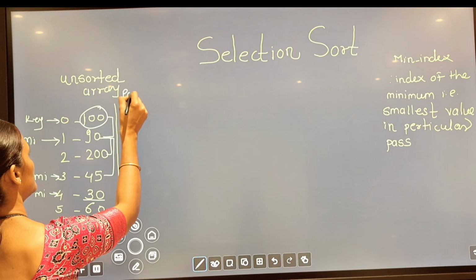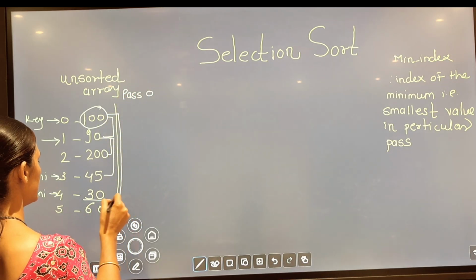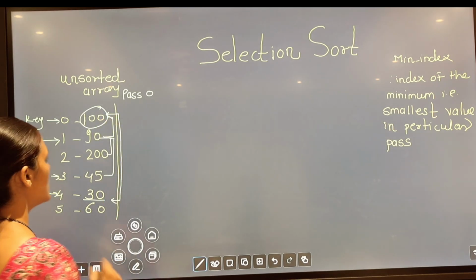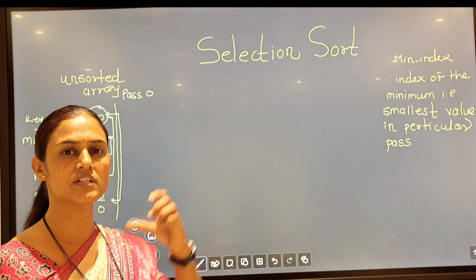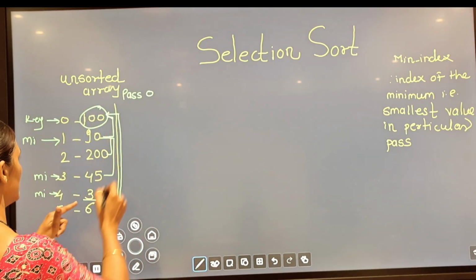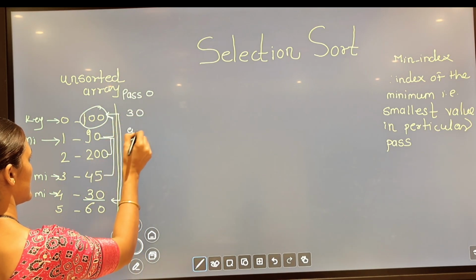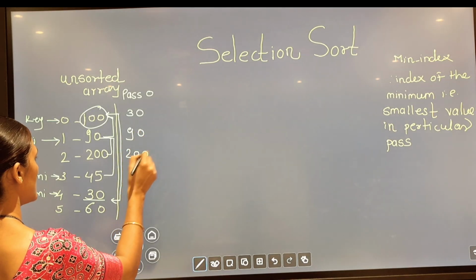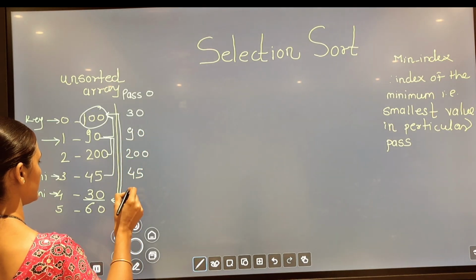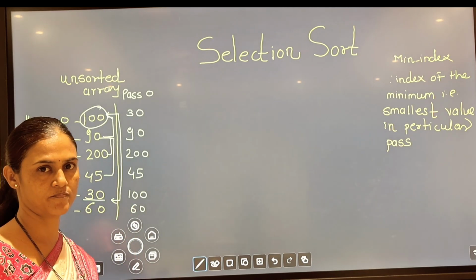In pass 0, exchange these two values. So swapping will be done between the key value and the minimum index value. So after pass 0, the situation becomes like this. Remaining values are as they are: 90, 200, 45, 100 and 60.